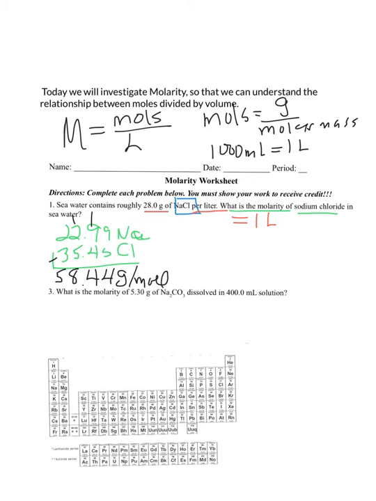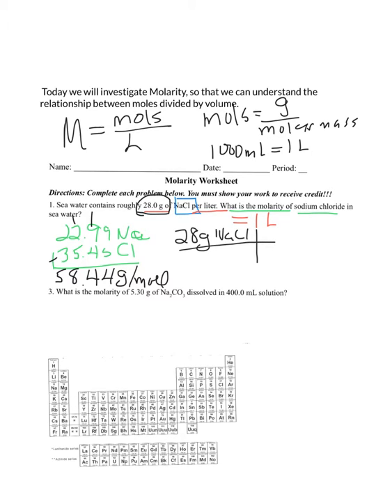Okay, so we need to convert 28 grams to moles in order to be able to plug it into this formula. So we're going to start off with our given 28 grams of sodium chloride, NaCl.